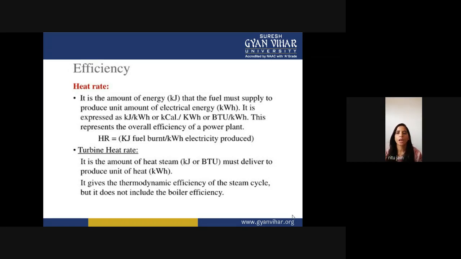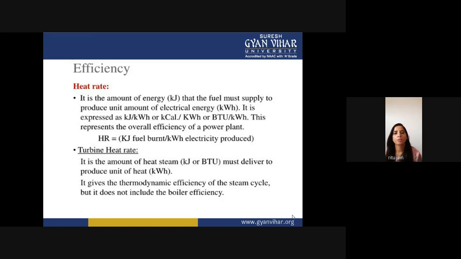Heat rate expresses that you are burning this amount of fuel and getting this amount of electricity produced. So the heat rate is equal to kilojoule per kilowatt hour. It is the ratio of energy divided by the electricity produced from the burning of fuel.